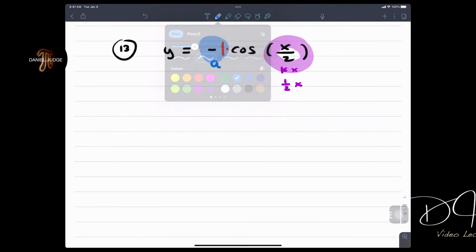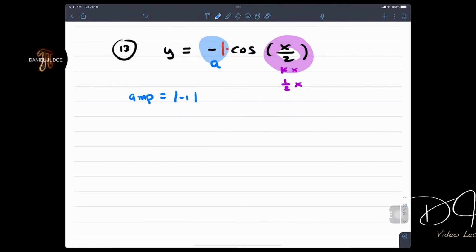Now let's use our definitions. The amplitude is the absolute value of -1, which is +1. My period is 2 pi over k. K is 1/2 now. So it's 2 pi divided by 1/2, or 2 pi times 2 over 1.